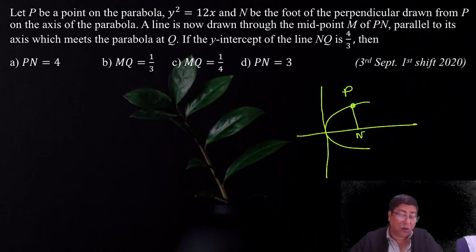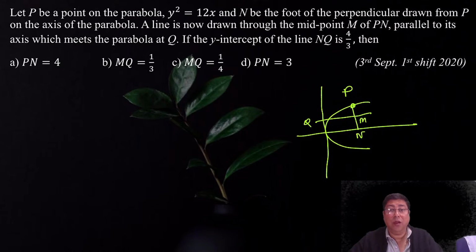A line is now drawn through the midpoint M of the PN parallel to the axis. This is the M, parallel to the axis, which meets the parabola at point Q. If the y-intercept of the NQ is 4/3.